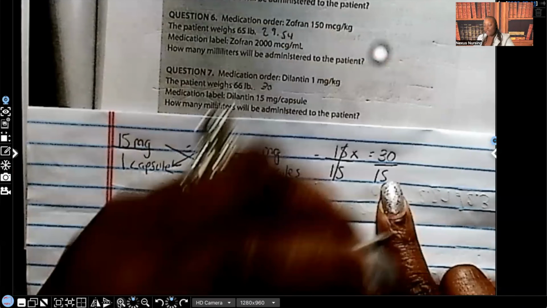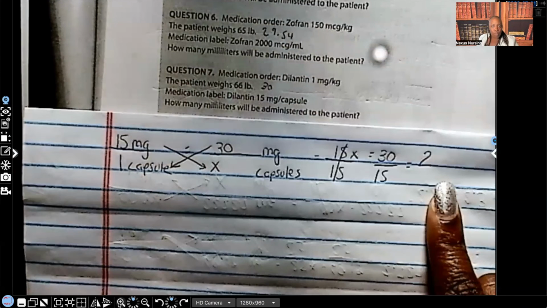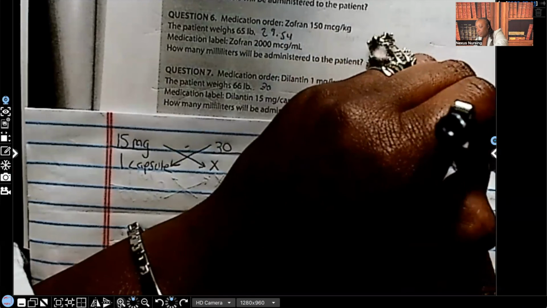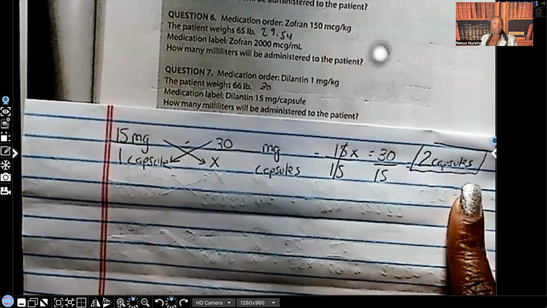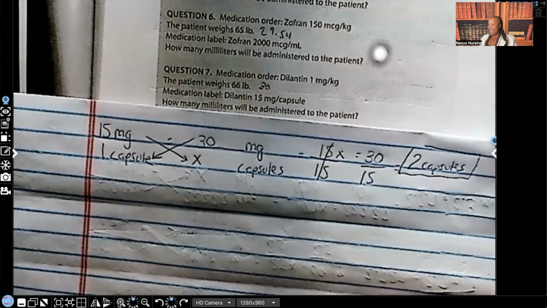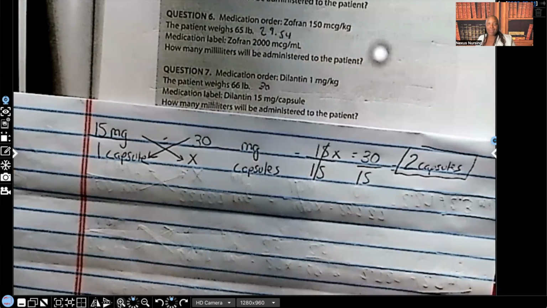Divide both sides by 15. 15 goes into 30 how many times? 2 times. Are we done? No, we have to know what our unit is. Go back to X, and X says capsules. So we're giving 2 capsules. Easy peasy lemon squeezy.